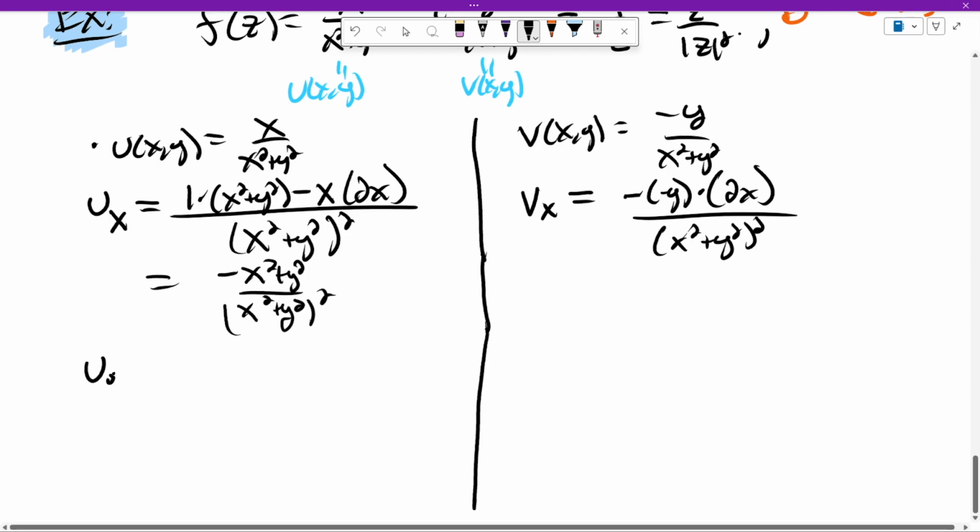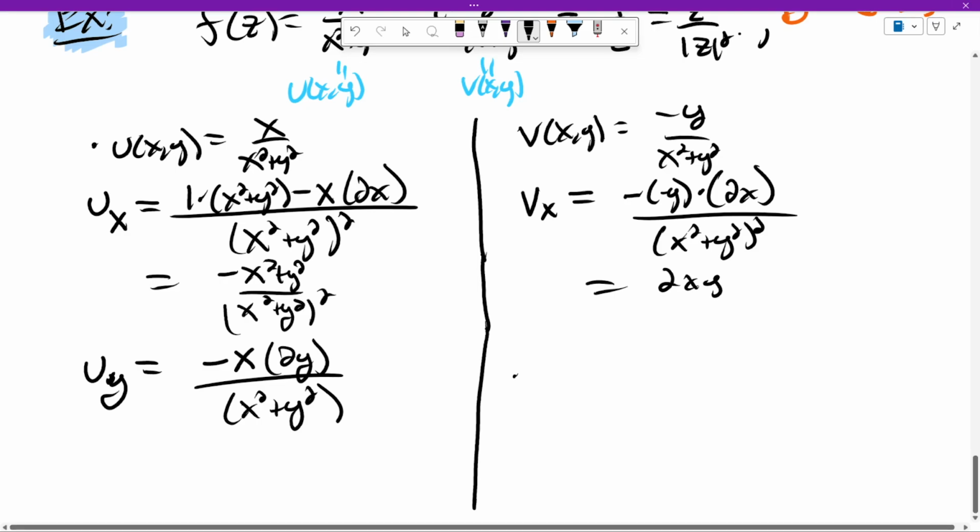Now, u_y is again just the quotient rule, and now the roles are kind of reversed. So for u_y, the first term is 0, and then we're going to get minus x times the partial derivative of the denominator with respect to y, all over the denominator squared. That's going to be negative 2xy over x squared plus y squared, squared.